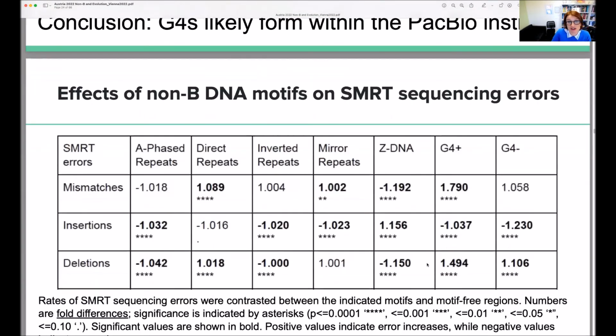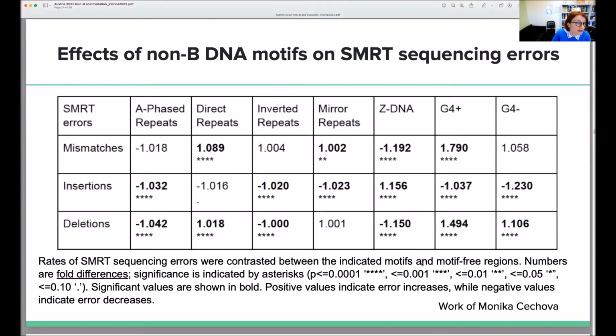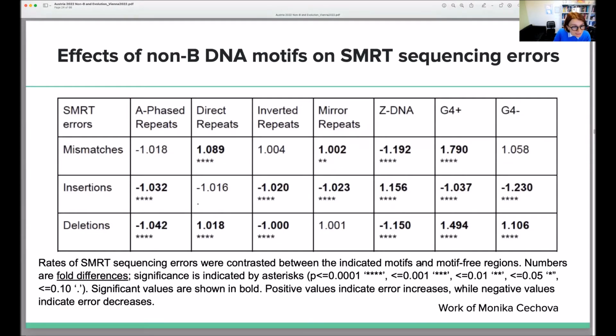The other question that we asked is whether non-B DNA likely forming within the instrument can also affect sequencing error rates. And we are finding that G quadruplexes in particular lead to increased mismatch errors within PacBio sequencing.